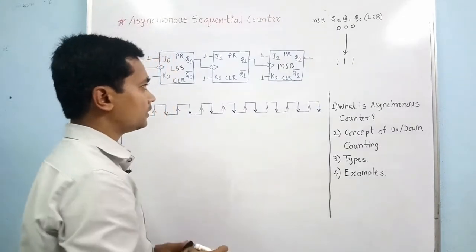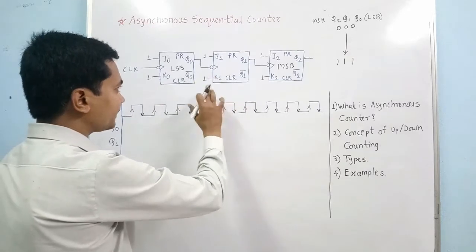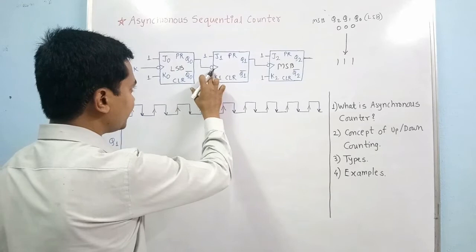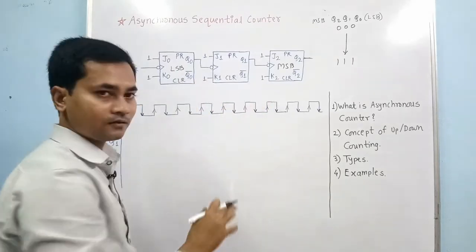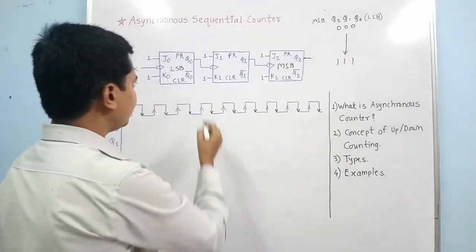First, the flip-flops are connected in cascade fashion, as Q0 is connected to a negative edge triggered clock. Actually all the flip-flops have negative edge triggered clocks.